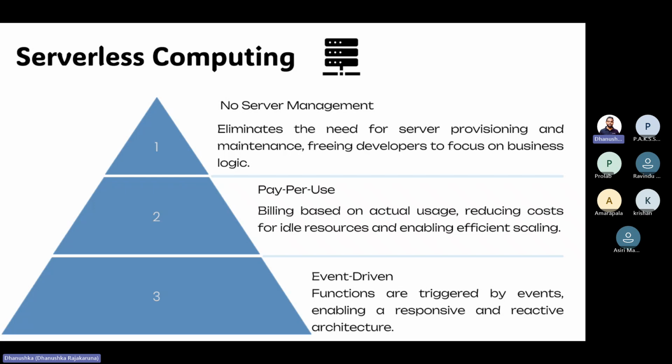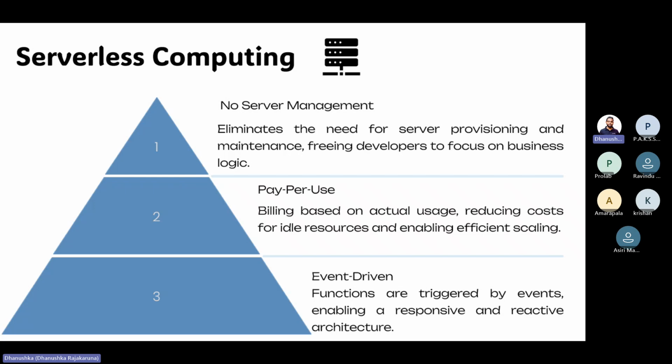The serverless applications respond to events such as an HTTP request or file upload, eliminating the need for persistent server processes. And pay-as-you-go pricing means we only pay for what we use. The billing is based on actual usage, and it reduces the cost of idle resources which are not used.